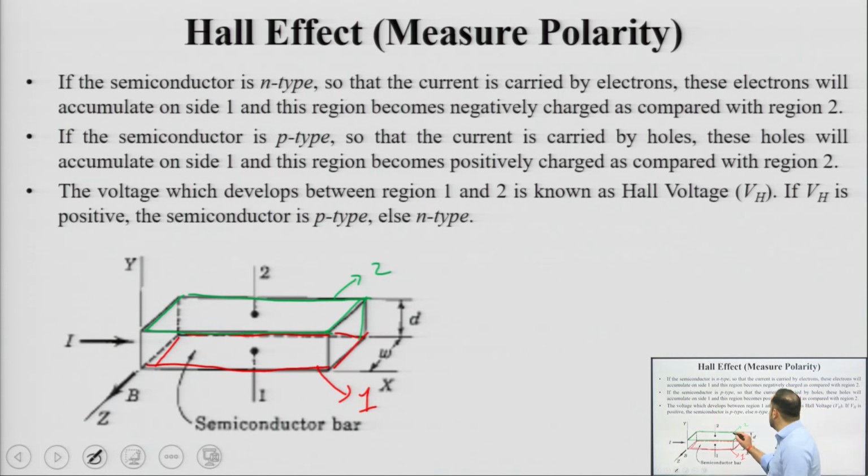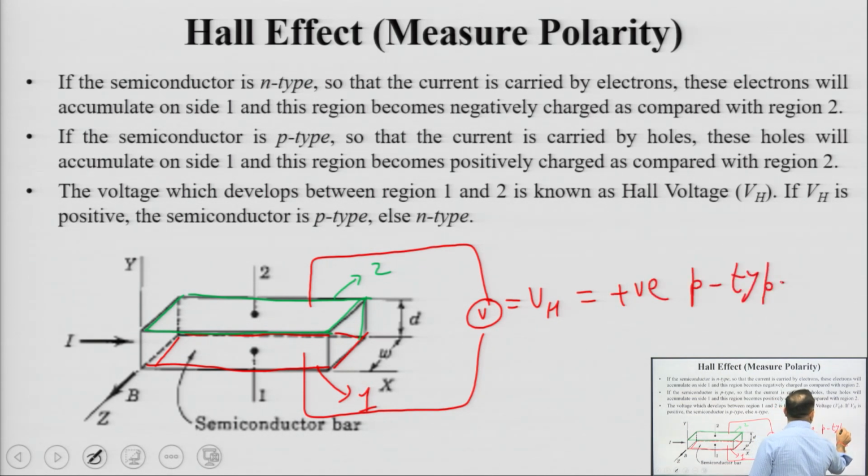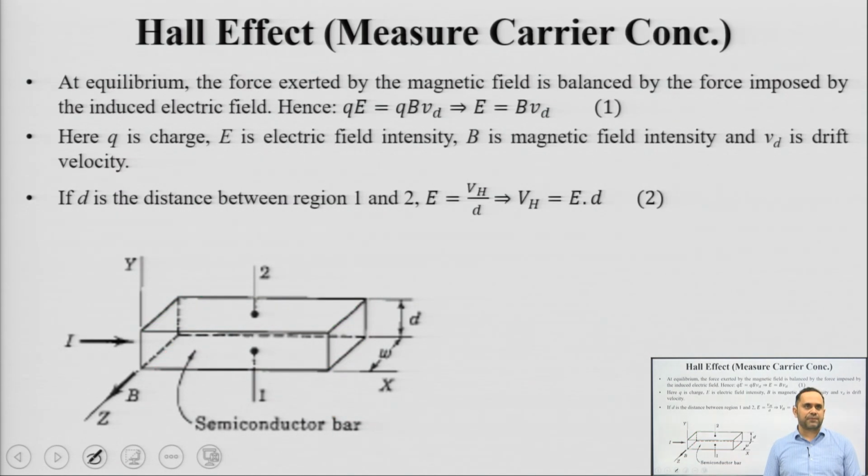If you measure this voltage across these two regions via a voltmeter, this is known as Hall voltage. If Hall voltage is positive, it is a p type semiconductor. If it is negative, it is an n type semiconductor. So, this is how you use the Hall effect arrangement to identify the type of your semiconductor. Apart from that, you can use it for measuring carrier concentration.